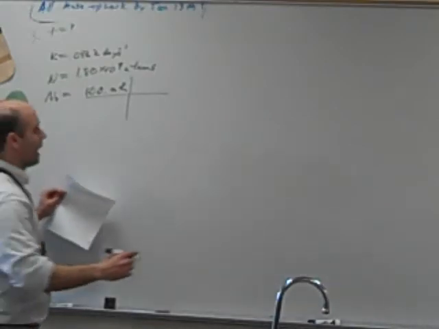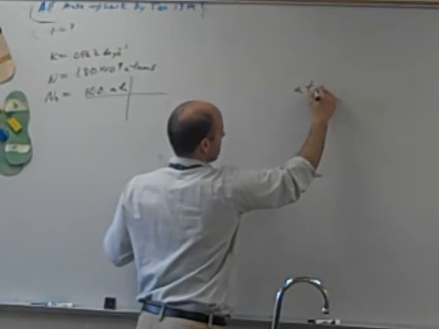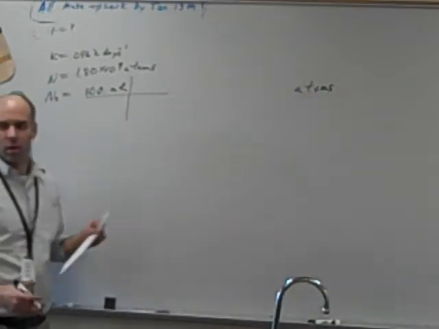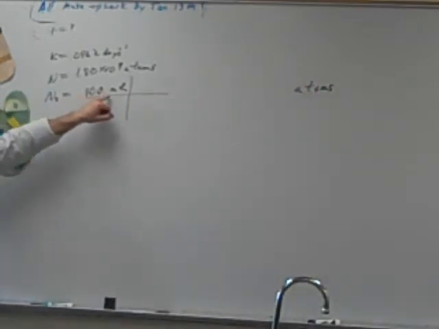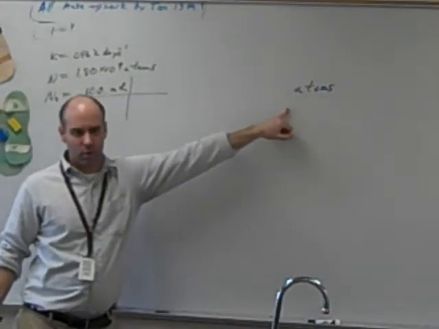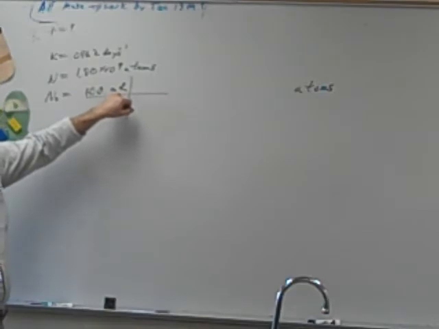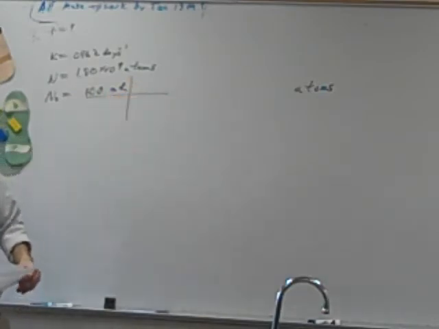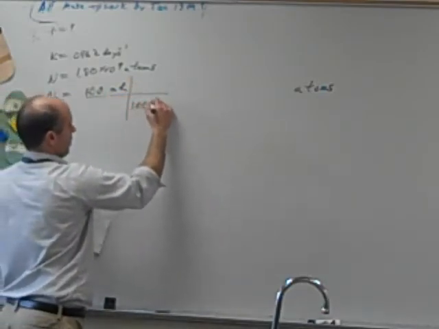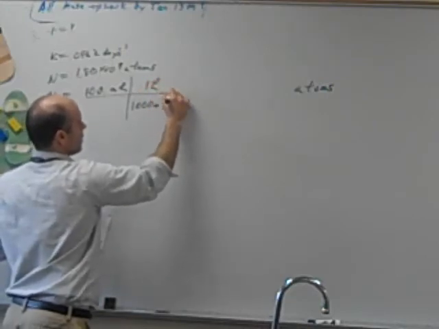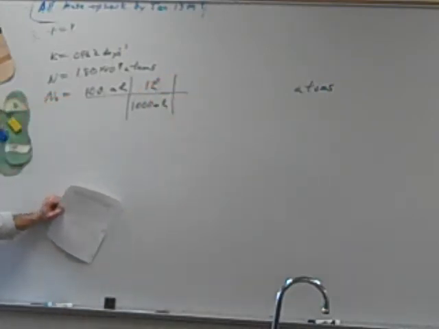Now, I want my N naught to be in atoms, but I was given milliliters. So how do I convert milliliters to atoms? Well, the first thing I do, Lauren, is convert it into liters. Why do I convert it into liters? So that I can use my molarity.